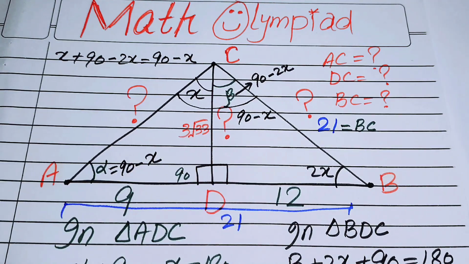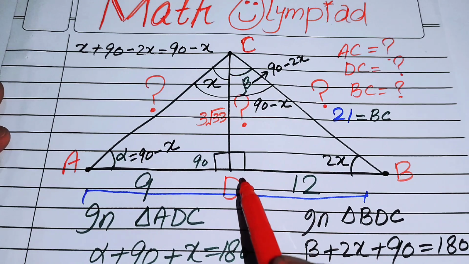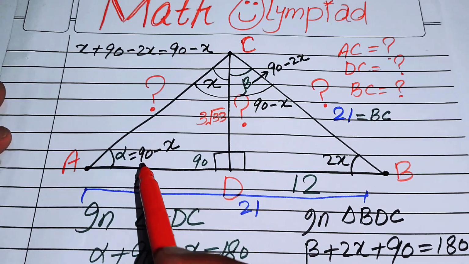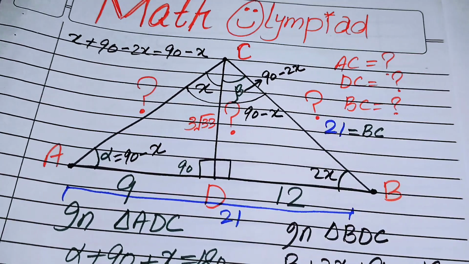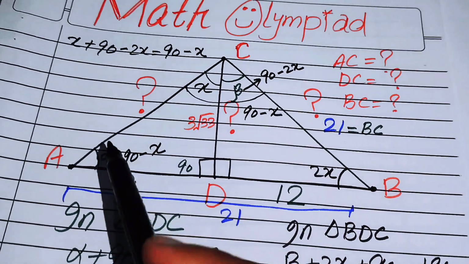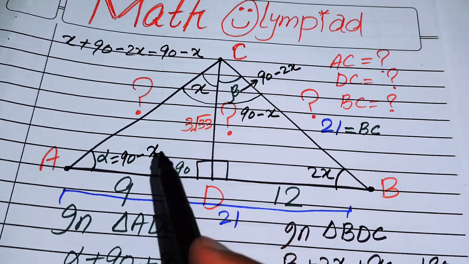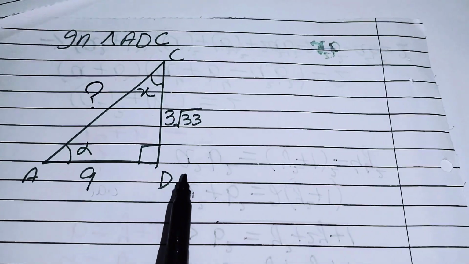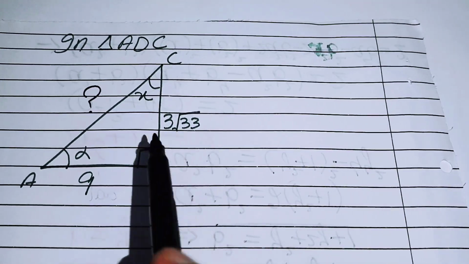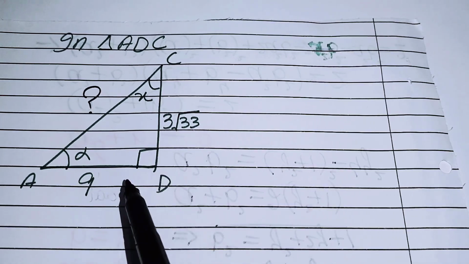So now we have found the value of the second side, which is DC, and now we move towards the third side, which is AC. So now I can draw again the right triangle ADC, in which we find the value of AC, and we have the values of two sides.